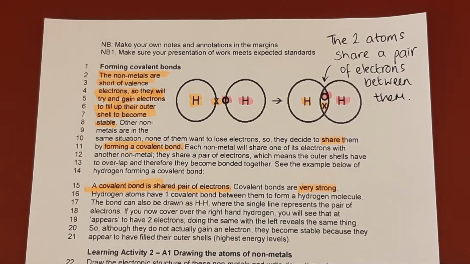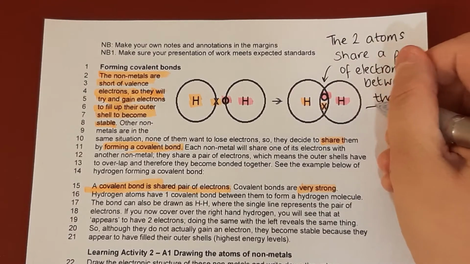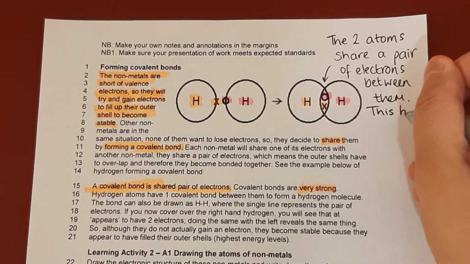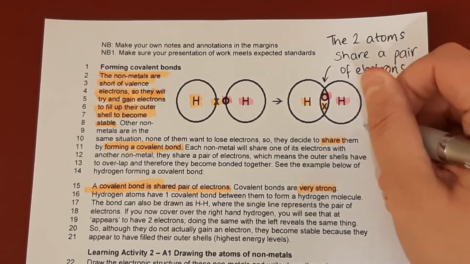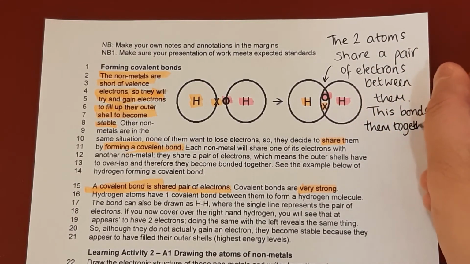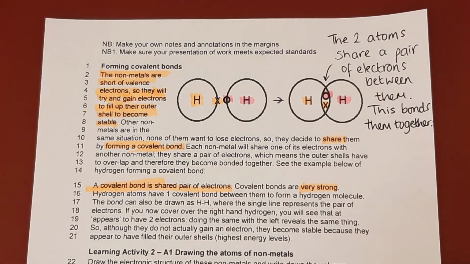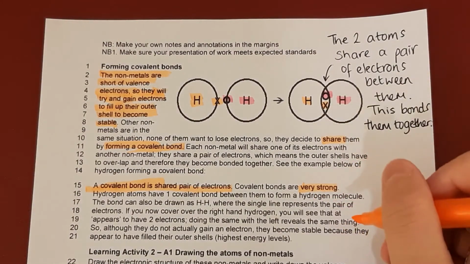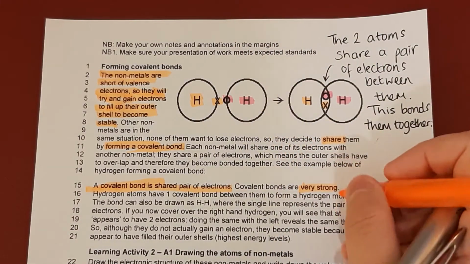That is exactly what covalent bonding is, the sharing of the electrons, and this bonds them together. Okay. So here we're forming, this here is a hydrogen molecule.